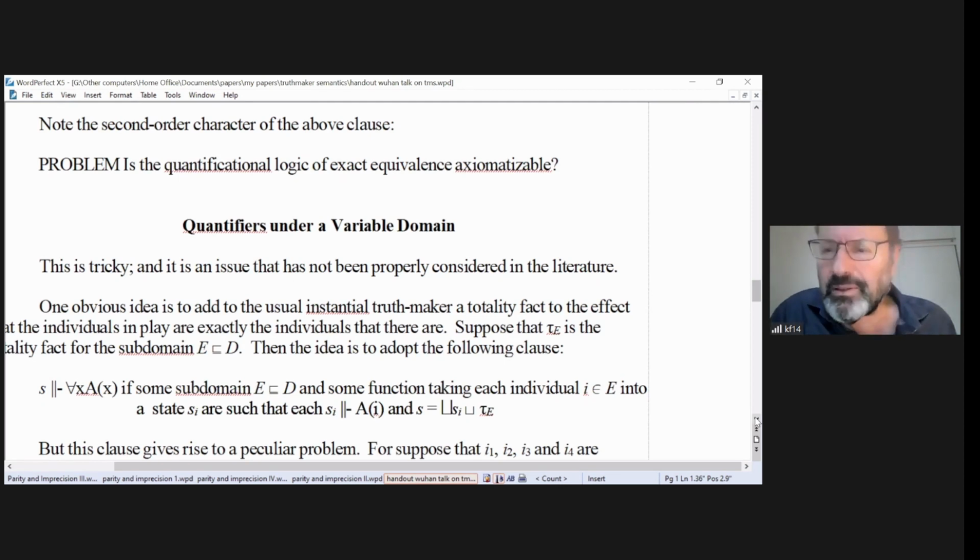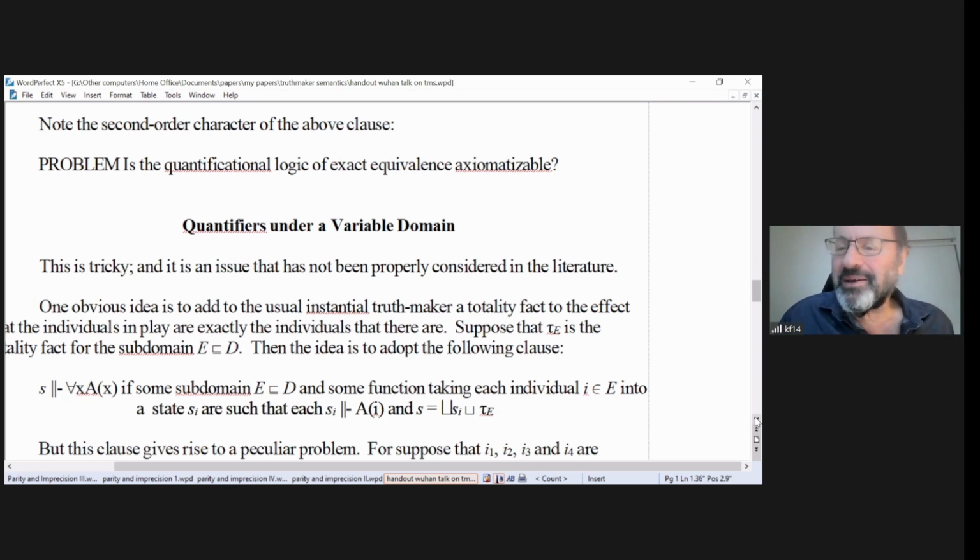One thing that occurred to me is that this, whatever you think of it within the context of Truthmaker Semantics, has relevance to an algebraic semantics for modal logic. Some of you may know this book by Rasiowa and Sikorski called Metamathematics of Algebra, in which they give algebraic semantics for modal logic.